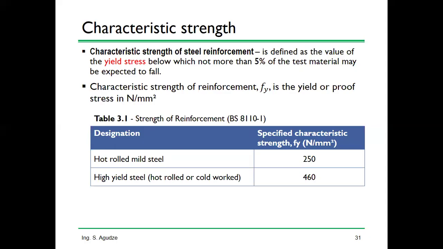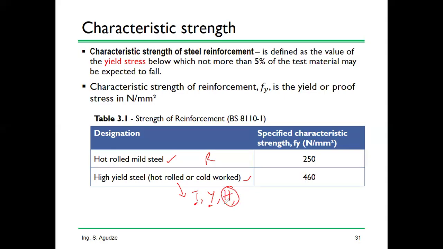So let's say, if we are talking about mild steel, which the BS 8110 recognized two types of steel, the hot rolled mild steel and then high yield steel, or hot rolled or cold worked. Usually this one is R. The high tensile may be written T, sometimes Y, sometimes H, and so forth. And the H is becoming common these days.